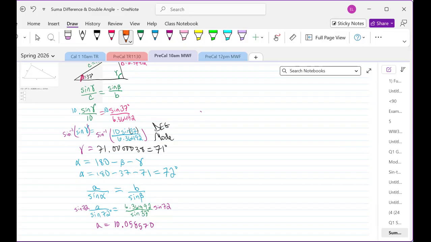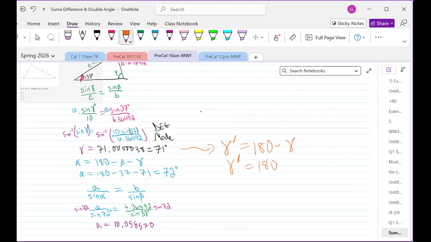Now WebWork asks us to find the second triangle on this one. So whatever angle we found first, the prime of that initial angle is 180 minus that angle.